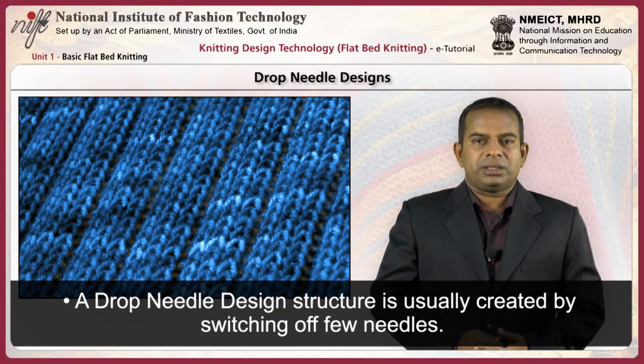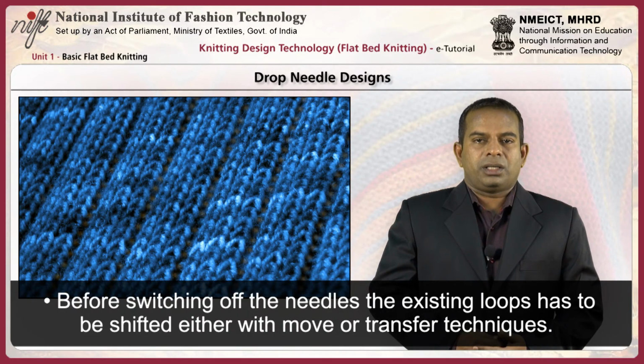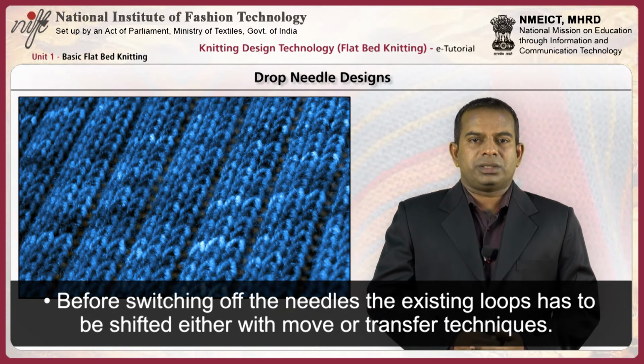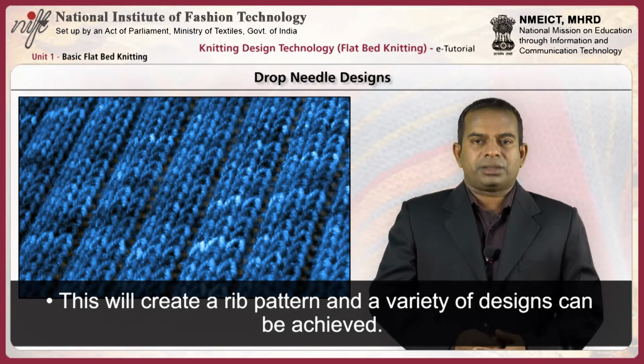A drop needle design structure is usually created by switching off few needles. Before switching off the needles, the existing loops have to be shifted either with move or transfer techniques. This will create a rib pattern and a variety of designs can be achieved.